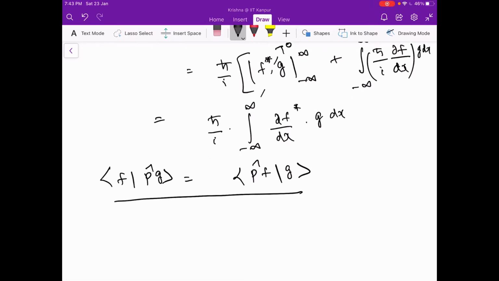And if this relation is true, we can tell that p, which was defined as h bar by i d by dx, is Hermitian.